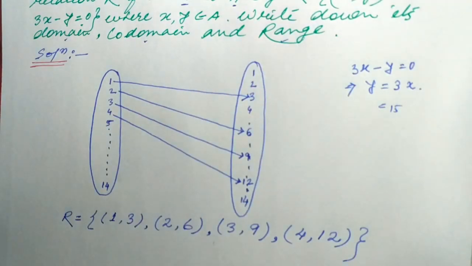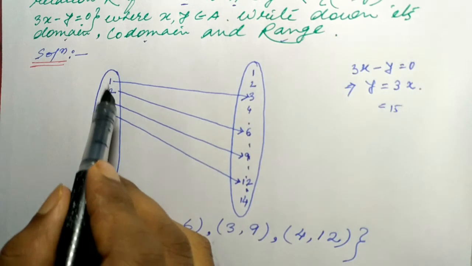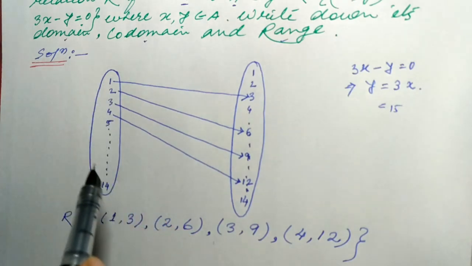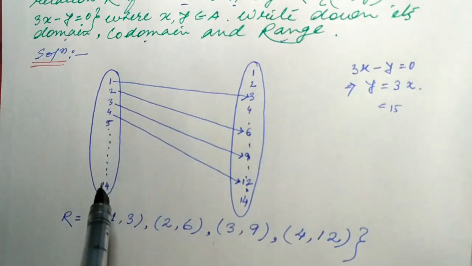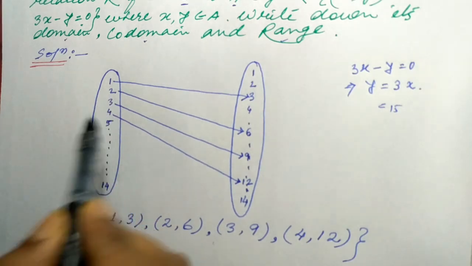Domain is the set of permissible inputs. Range is the set of permissible outputs, and codomain is all possible outputs. Here the set of inputs is A, but the permissible inputs are only 4, and they are 1, 2, 3, 4.